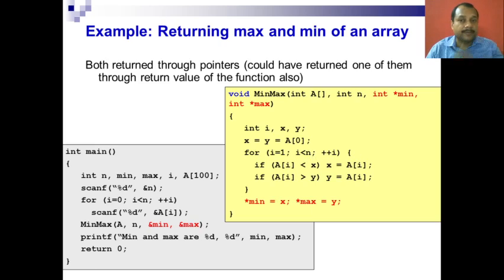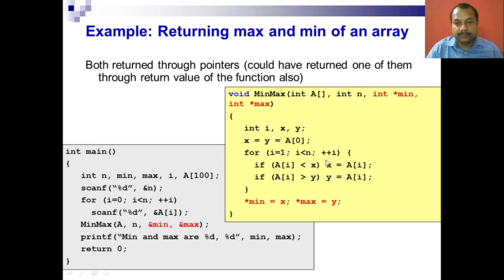So alternatively, I am declaring two variables, int star min and int star max. Those are pointers to min and max, basically storing the addresses, because I am passing the addresses of min and max. So all the changes will be on the content of min and max.